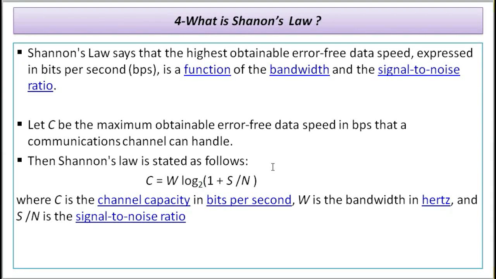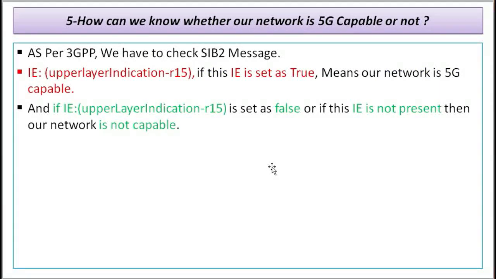Our next question is, how can we know whether our network is 5G capable or not? How will we know whether the network we are connected to is 5G capable?